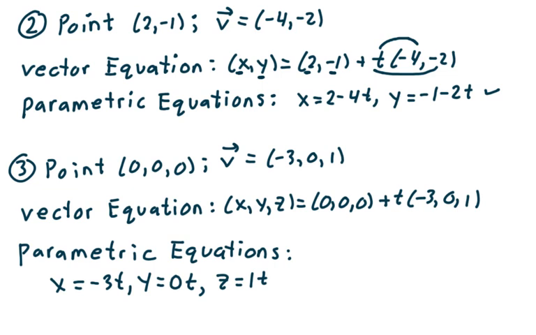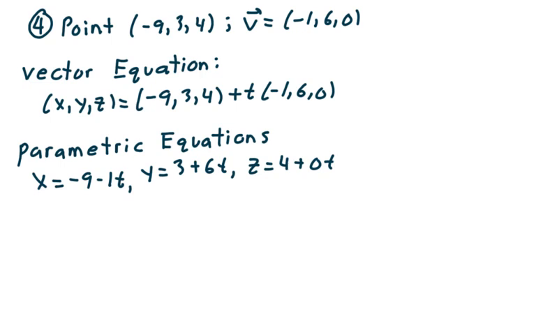Now, to get the parametric equations, I'm going to take x and set it equal to -3t. And then y, you can say y equals 0, I just said y equals 0t. And then z equals 1t. So I just equated components to get the parametric equations.